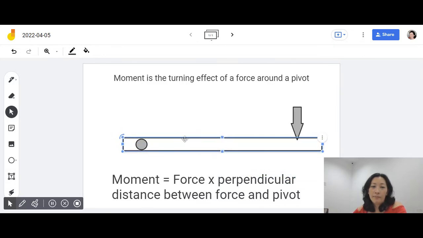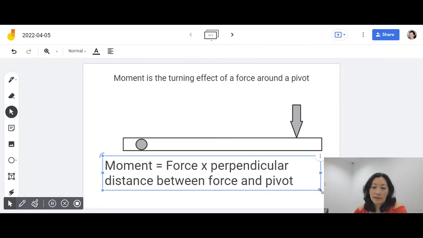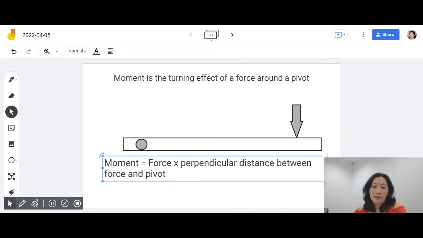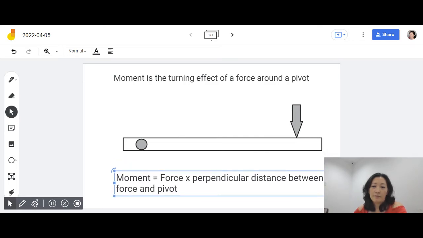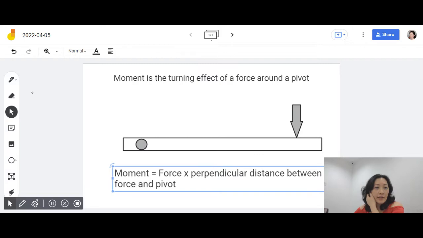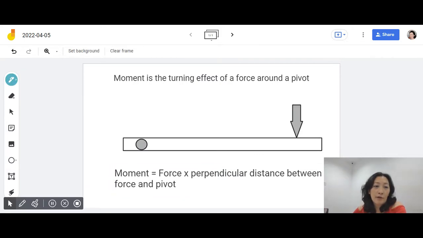So based on that, they found that they can calculate moment using this formula. Let me just make it a little bit smaller so that it fits on the Jamboard. Force in this case refers to the value of the force being applied, the value of the force of the arrow. Perpendicular distance is based on the direction of the force.